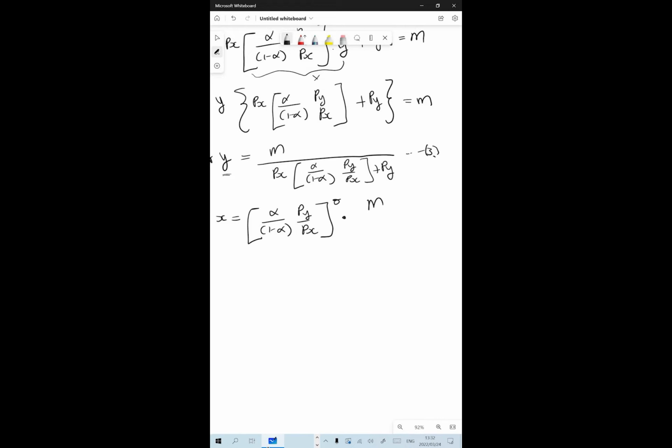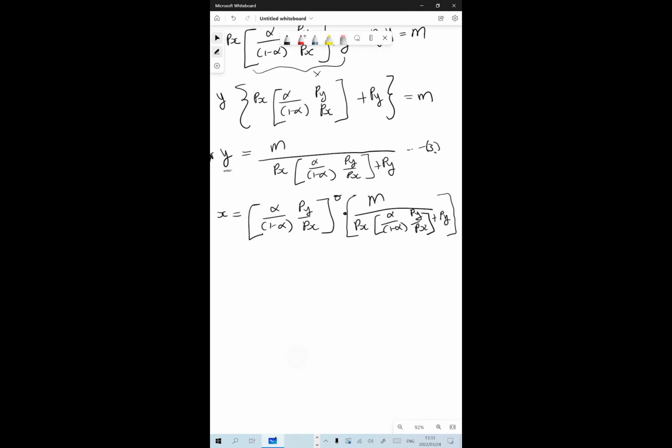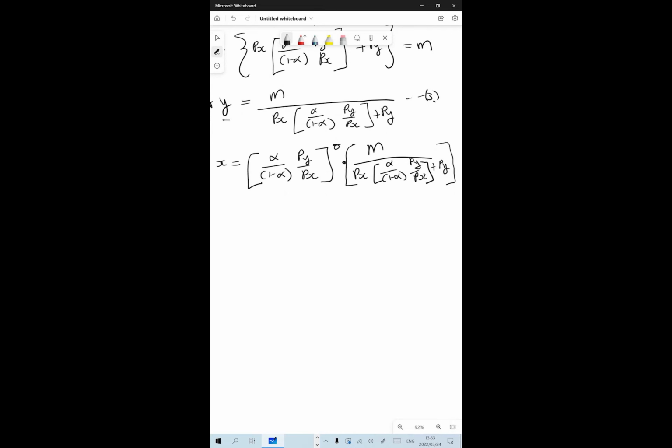So this is what we've got right here. I can just put a bracket here so it doesn't look too messy, and just try to rearrange everything.